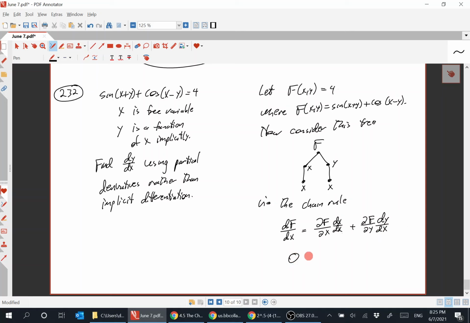Right? This is 0. This one, partial f, partial x, dx dx is just 1. Right? That's just 1 times 1. Plus partial f, partial y, dy dx. Like that.